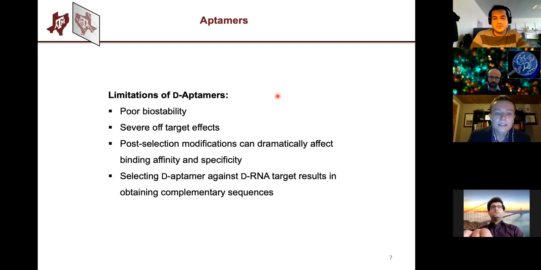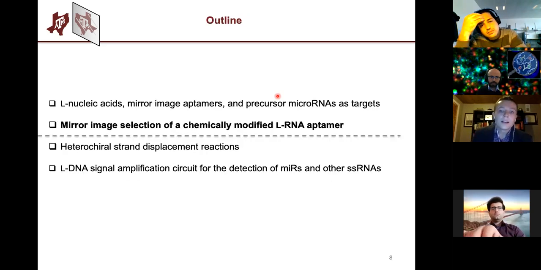And when selecting aptamers of D stereochemistry, the native stereochemistry, against D-RNA targets, you basically are just selecting for complementary sequences because it's the easiest and most efficient route for two oligonucleotides to bind. So it's very challenging to get a D-aptamer that binds a D-oligonucleotide target through structure-specific interactions.